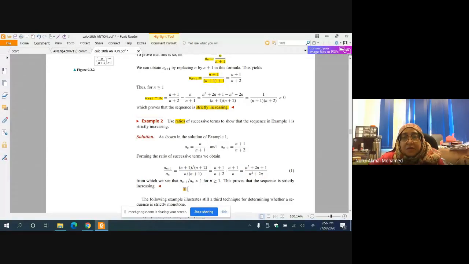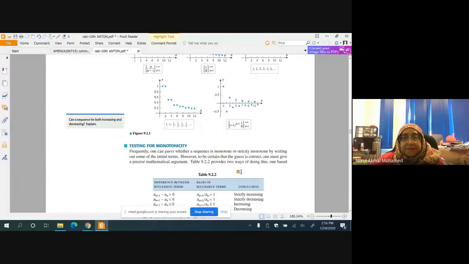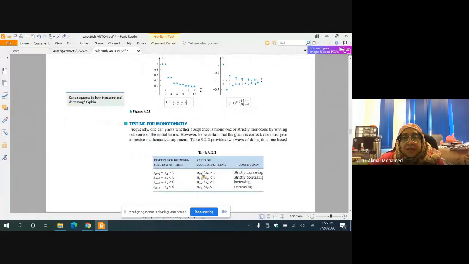So that's why it is strictly increasing. Based on these properties, it is greater than 1 and not equal. If it starts with a ratio greater than 1, then it will be increasing.